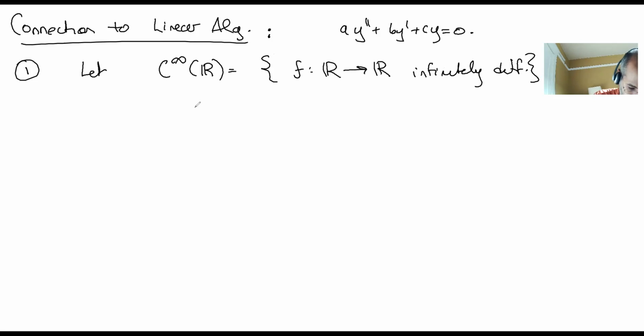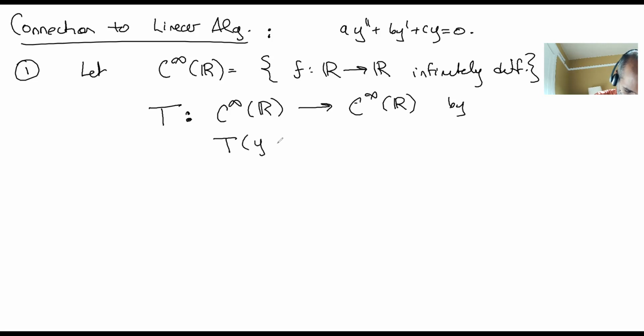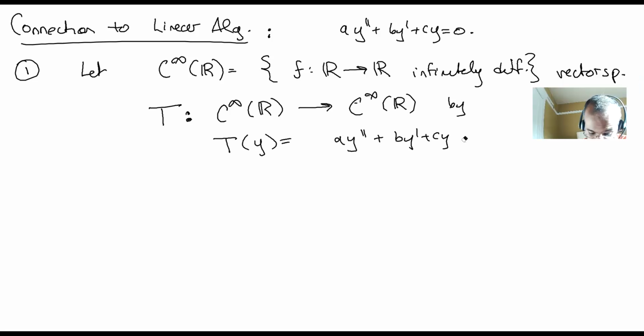The key point is, let T define the following linear transformation. T of a function y is just exactly this: ay double prime plus by prime plus cy. That's a linear transformation.